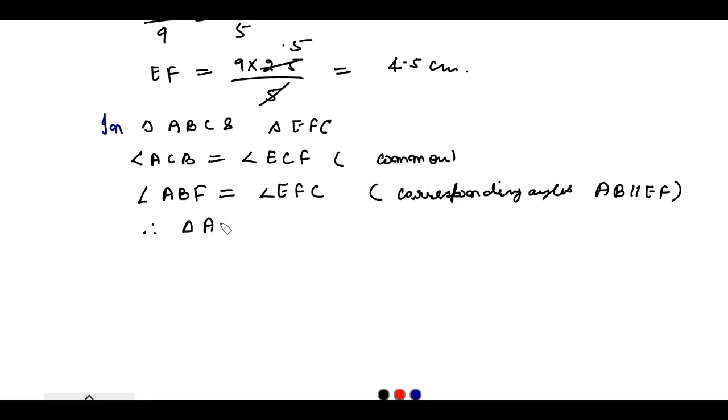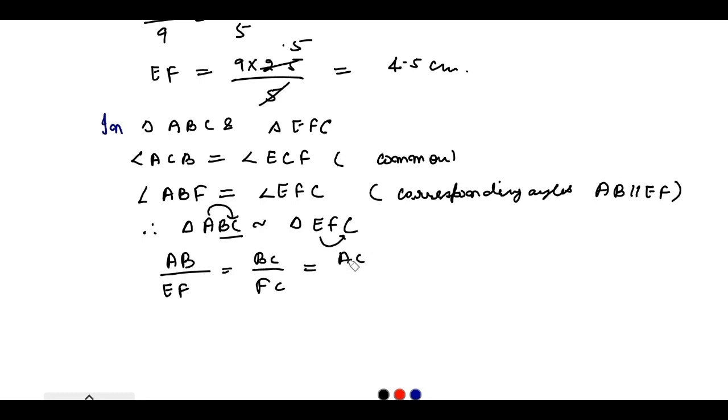Therefore, triangle ABC is similar to triangle EFC. And if these two triangles are similar, then their sides will be proportional. AB upon EF is equal to BC upon FC is equal to AC upon EC.